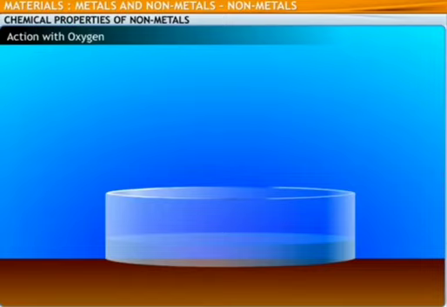Sulfurous acid is formed. Now, introduce a blue litmus paper which turns red. The sulfurous acid turns the blue litmus to red. This indicates the acidic nature of non-metal oxides.